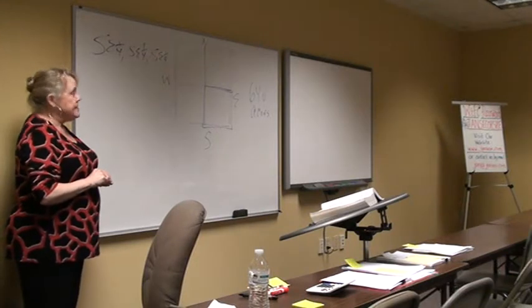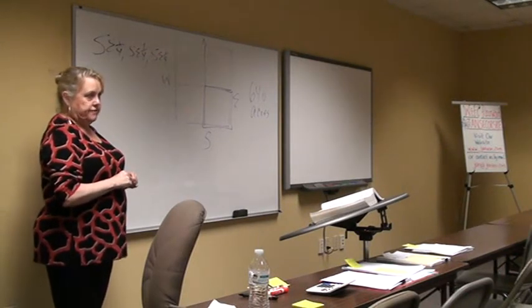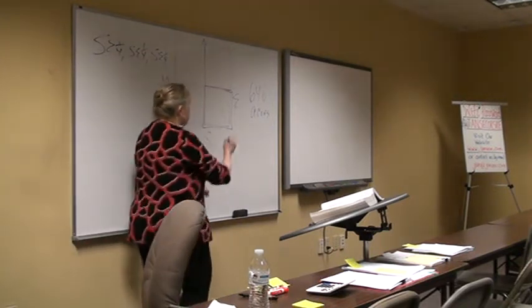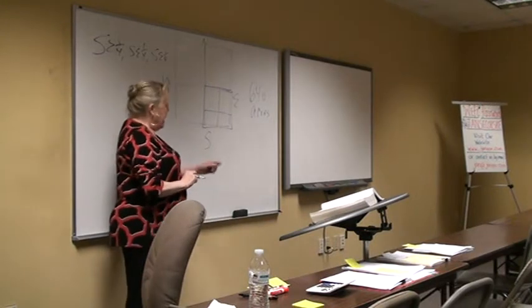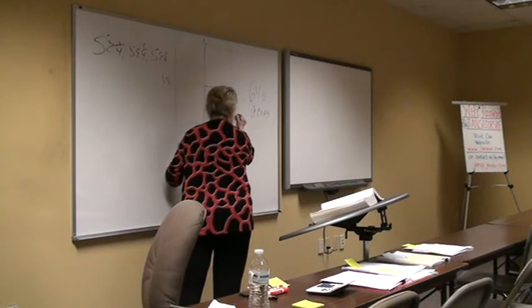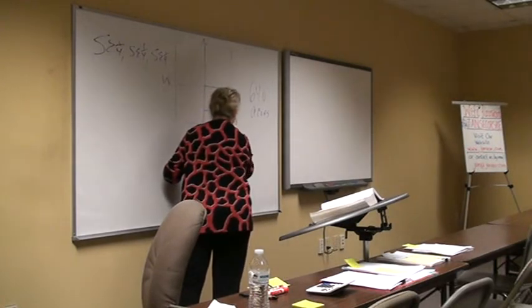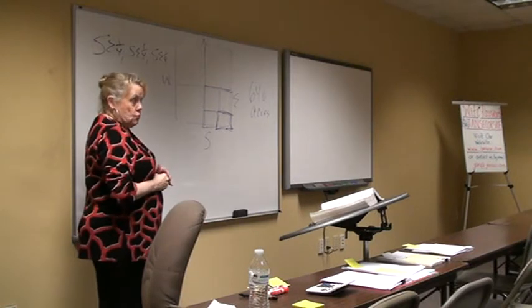It says, and the southeast 1/4 out of that southeast 1/4. So we started here, and it tells us to break it down into fourths again. And we're right here now. We're in that southeast 1/4. So now we're right here. Is everybody with me? Sort of?